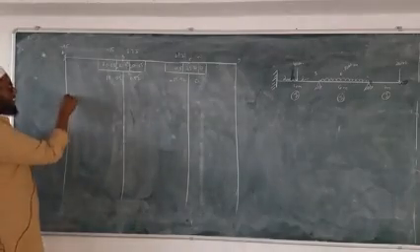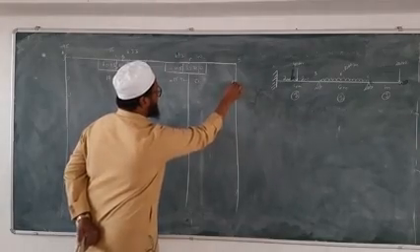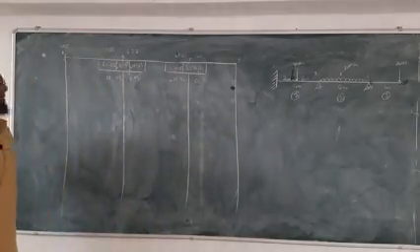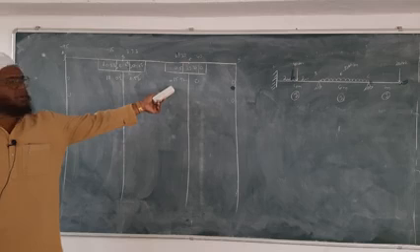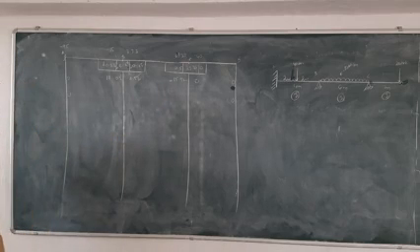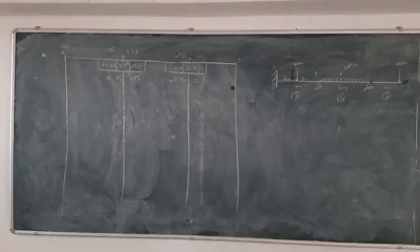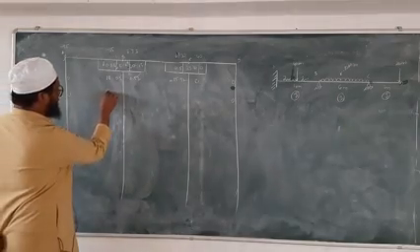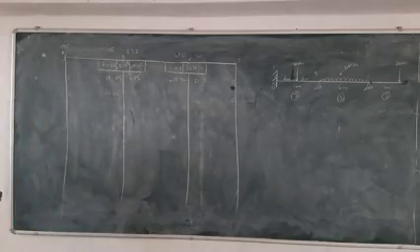Next value again 0, 0. Then 51.67 minus 15.92 gives 22. Next, 11.15.